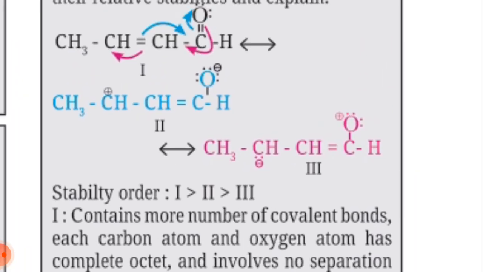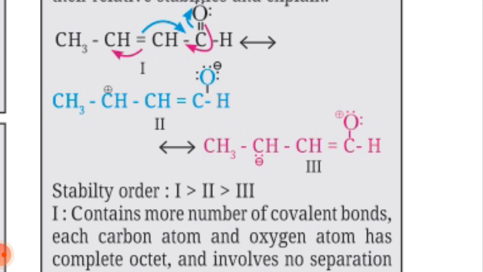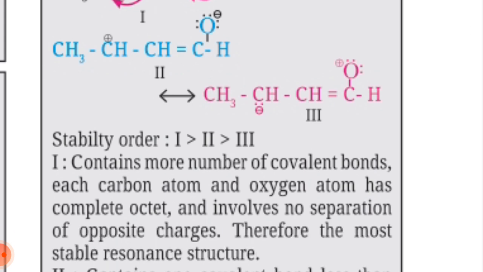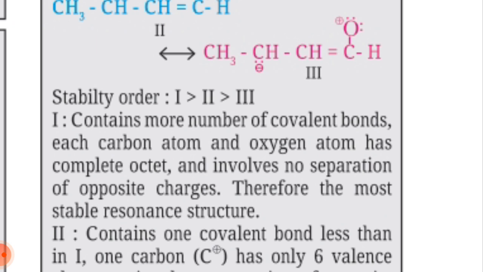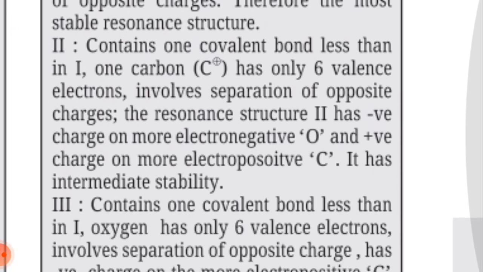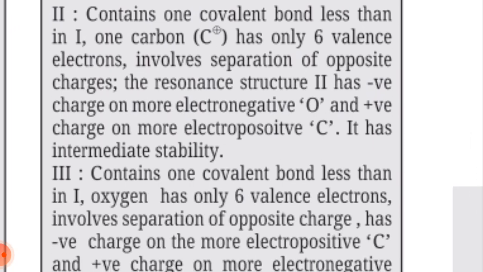The reason is that structure 1 contains more covalent bonds. Each carbon atom and oxygen atom has a complete octet and involves no separation of opposite charge. Therefore it is the most stable resonance structure. Structure 2 contains one covalent bond less than 1. One carbon, C+, has only 6 valence electrons. It involves separation of opposite charge.